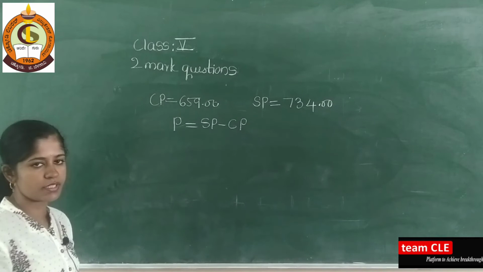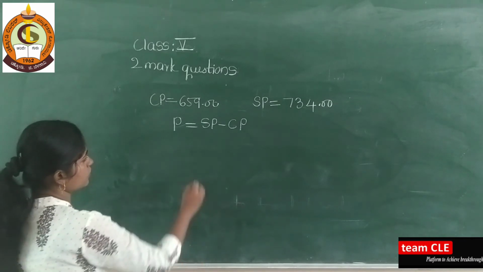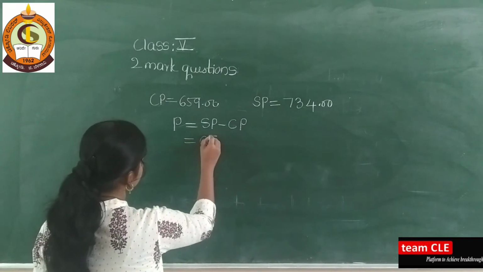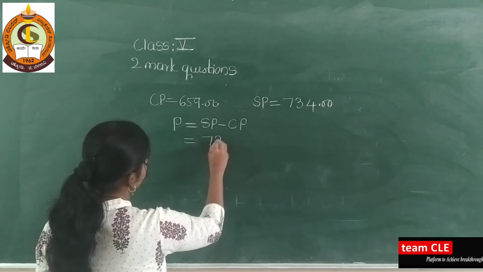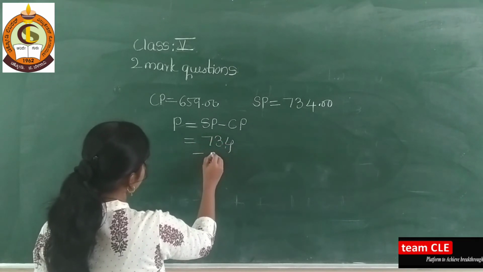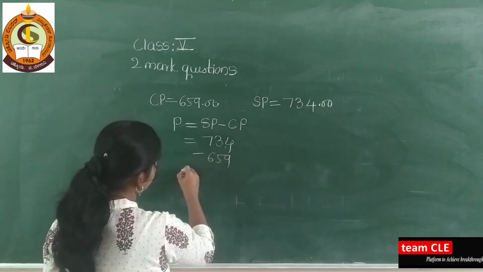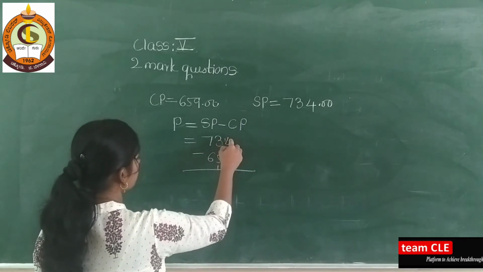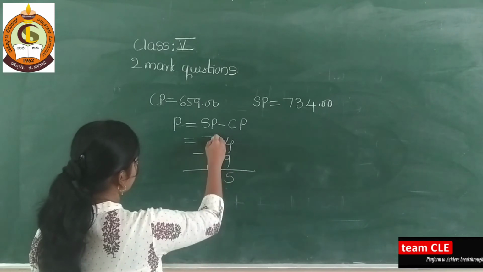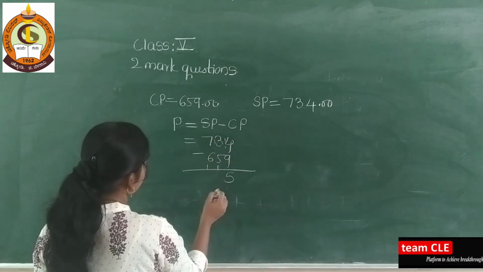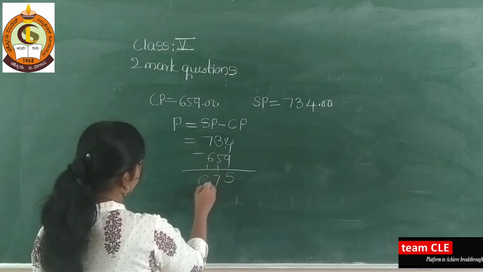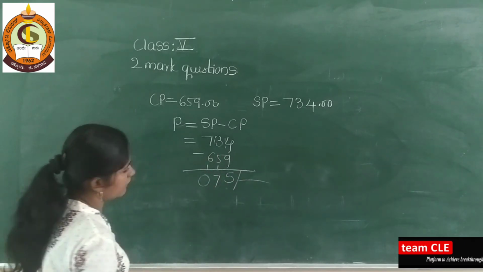Already we discussed this kind of examples in classroom. First selling price is 734 minus 659. Do subtraction. 14 minus 9 is 5. 13 minus 5 is 8. 8 minus 1 is 7. 7 minus 7 is 0. So the profit is 75 rupees.